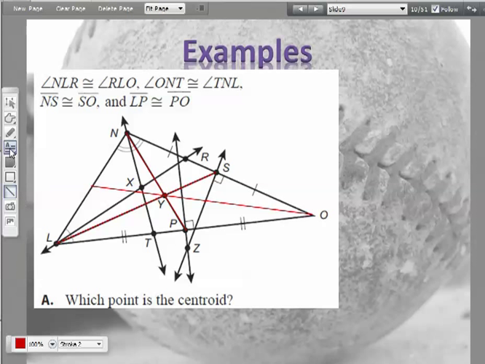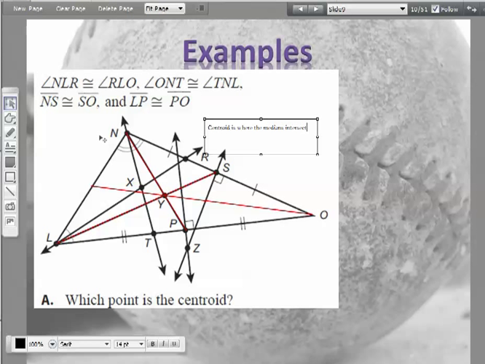So remember, your centroid is where the medians intersect. Okay, let's see if I can make that a little larger there.